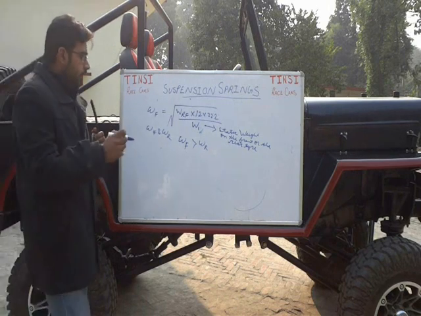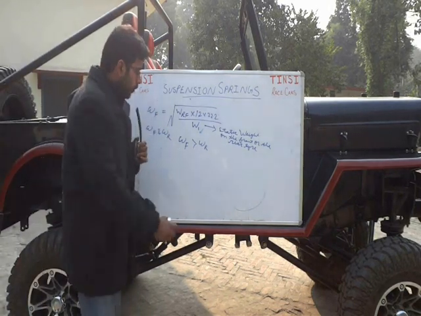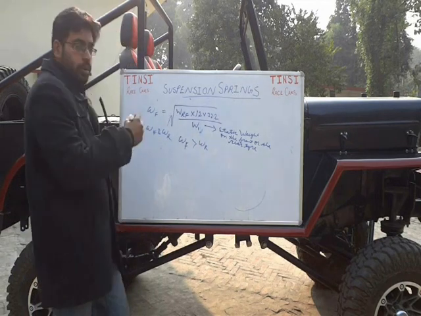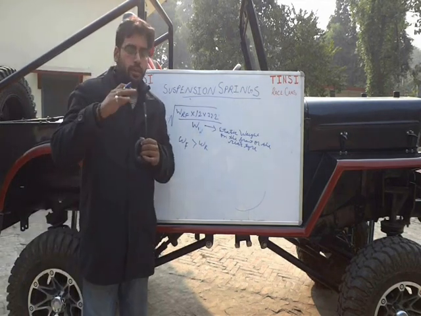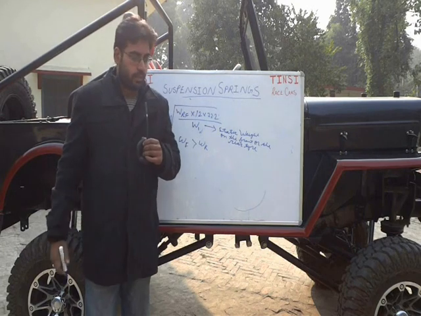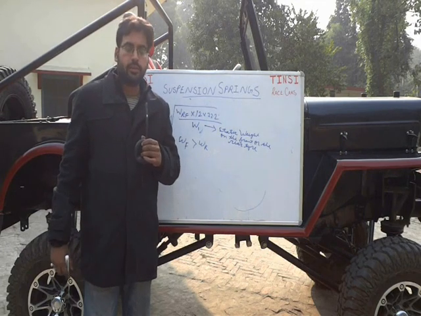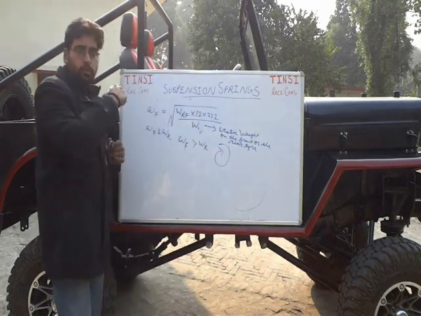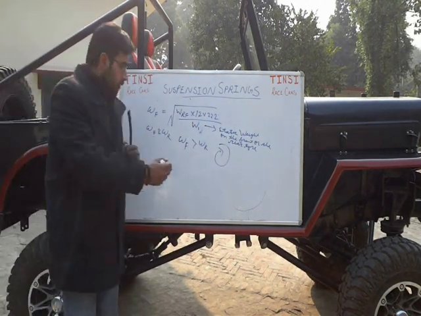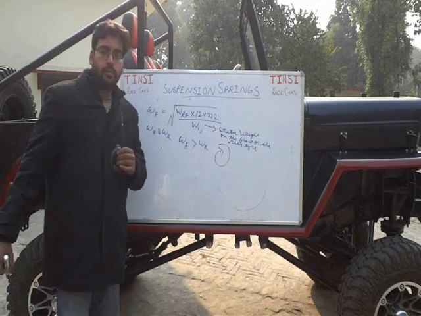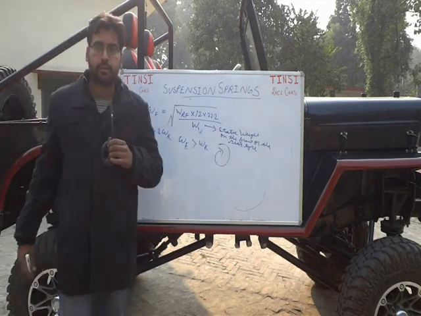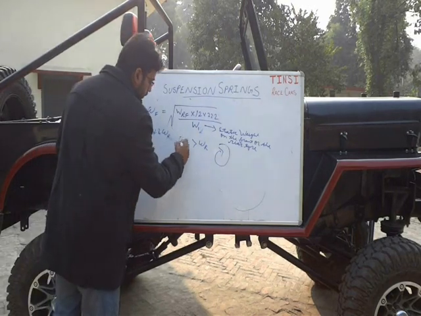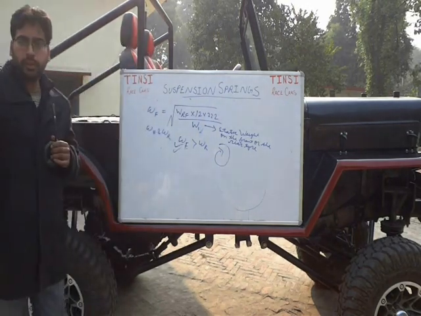And if your omega front is coming less than omega rear, you have to change your ride rates and the roll rate values that we have assumed at the start point. This is an iterative process. So again, you have to change those values and come back to this till you attain front omega greater than the rear ride frequency.